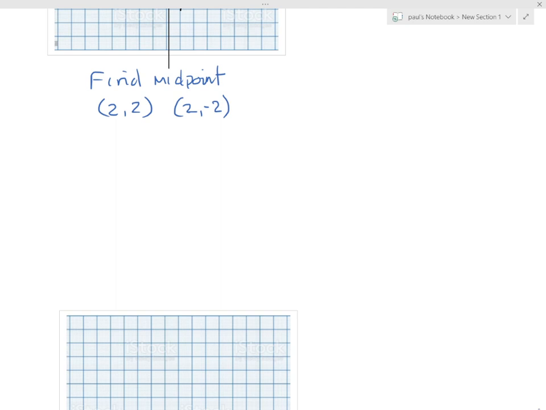Right, so add the x's together. 2 plus 2 divided by 2 equals 4 over 2, which equals 2. Add the y's together. 2 minus 2 over 2, 0 over 2, which equals 0. So the x is 2 and the y is 0. So the midpoint there will be 2 and 0.